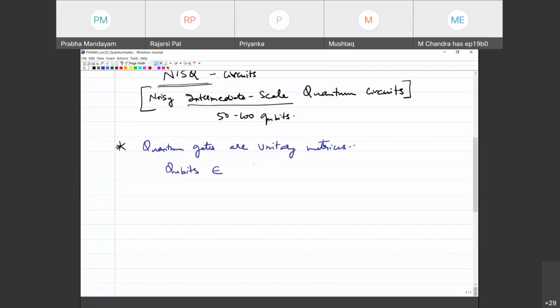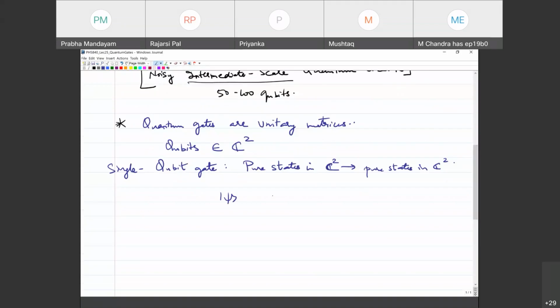So a single qubit gate must map pure states in C2 to pure states in C2. And pure states by definition are unit vectors of this form.